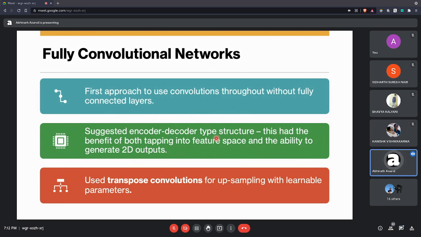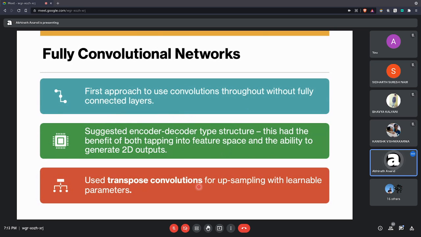And then there is a decoder type architecture. We'll go into detail about what this decoder type architecture looks like in a couple of slides. But the basic idea is that once you've extracted all the features, you have all the information that you want in feature space, then you need to find a way to go back to 2D outputs, right? You want to be able to output the probability that each pixel belongs to a certain class. So for that, we're going to be using this decoder type architecture, going from this feature space back to a higher dimensional space where you can have these class probabilities.